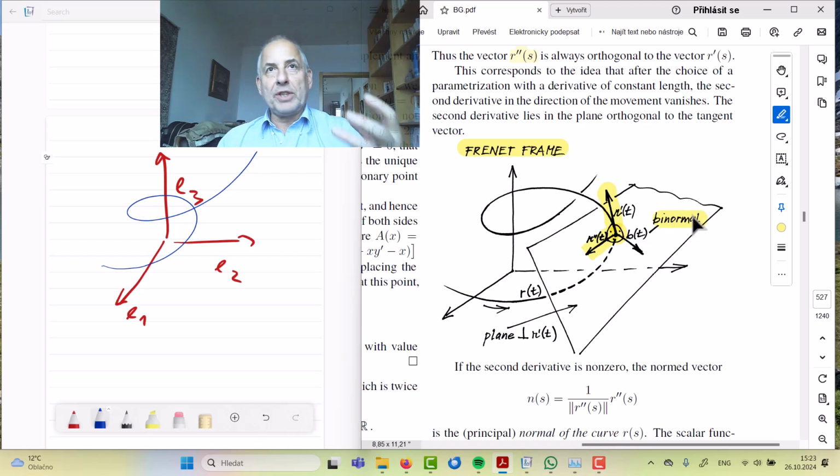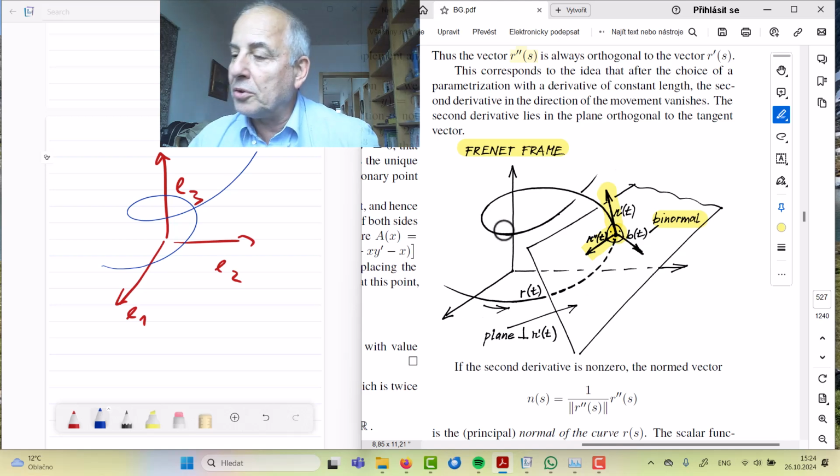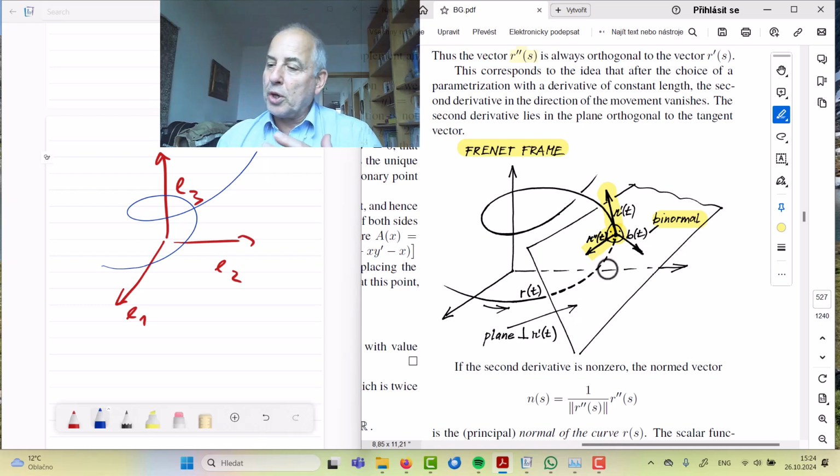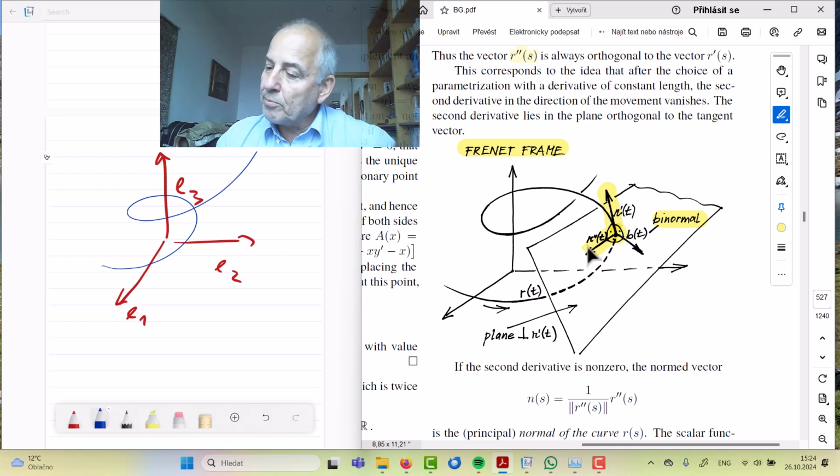So we always have a frame of 3 vectors at each point, which are naturally given by the parameterization by length. So that's very good, right? The plane is the plane which is orthogonal to r dash. So both the second derivative of r, which is the normal, and the binormal are in this plane.